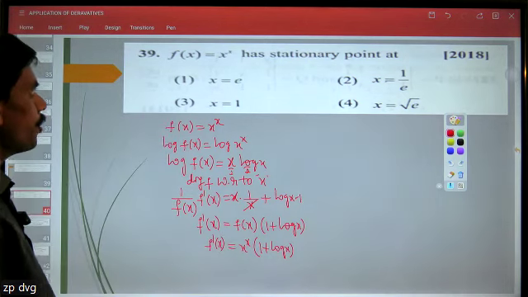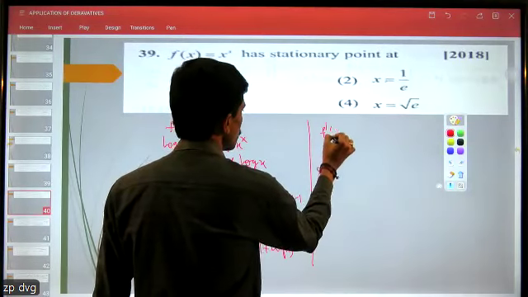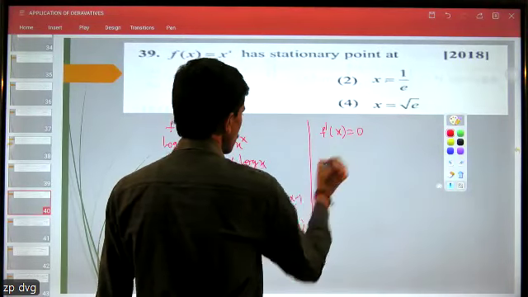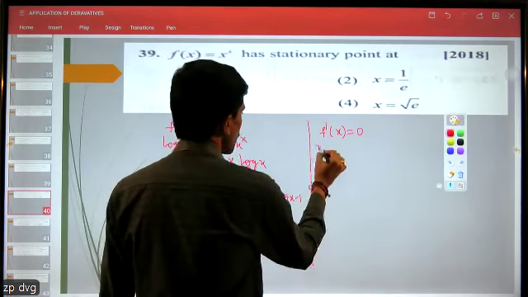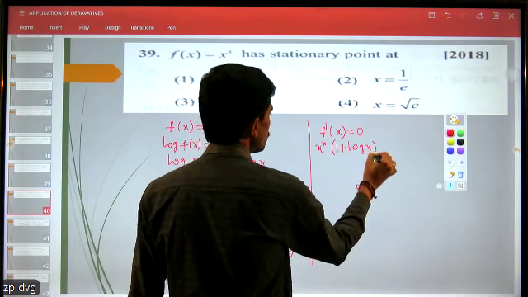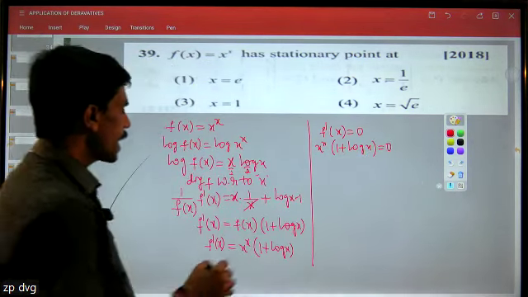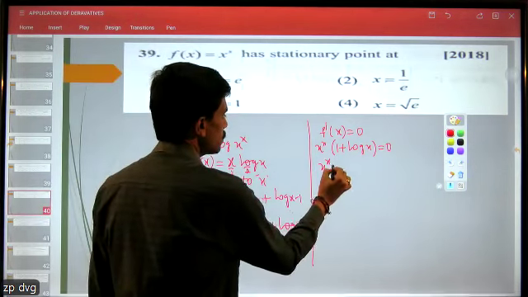For stationary point, we have to equate f dash of x to 0. So f dash of x equal to 0, then we get x power x into 1 plus log x is equal to 0. Okay. So here x power x is not equal to 0.